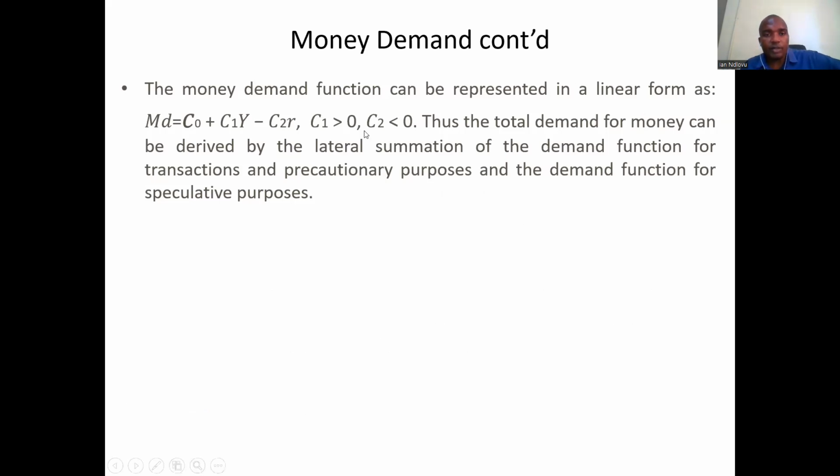macroeconomics, principles of macroeconomics. So we'll be having a situation where when we formulate a linear function of money demand, we have got the constant C0, which is that quantity of money which people hold, which is unrelated to changes in national income and the interest rate, which people just hold, maybe for transactions purposes or for the precautionary purposes.